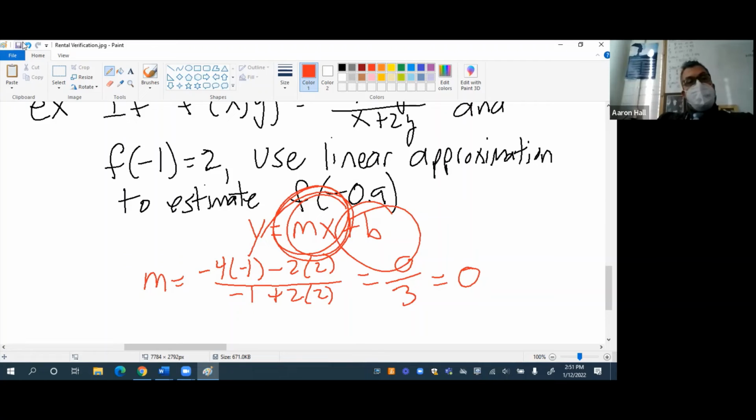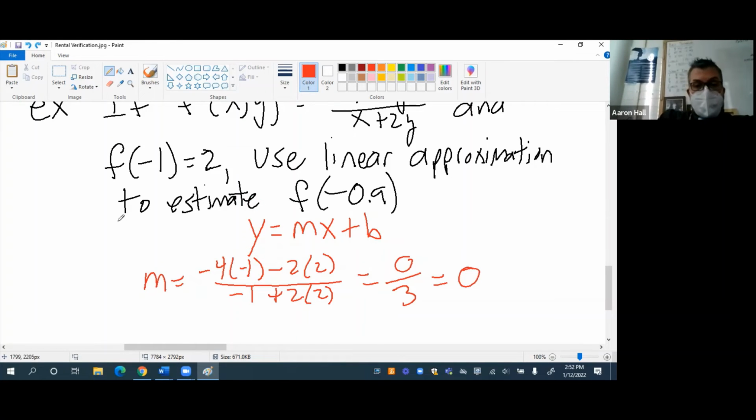How do I find a b value? Well, what's the y-intercept? When x equals 0. All right, so let's plug in values. What is y? It's 2. And what did we calculate m was? 0.